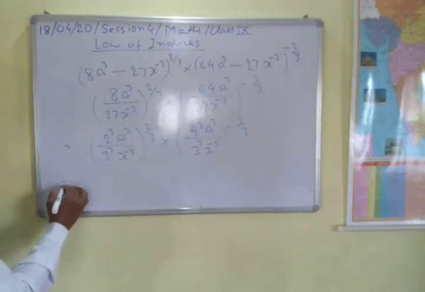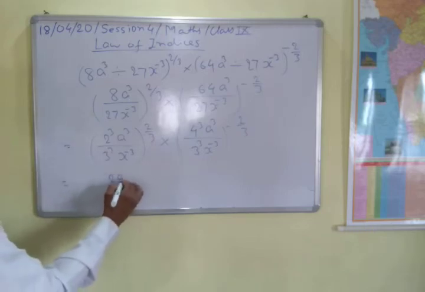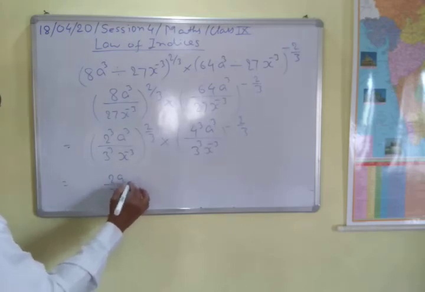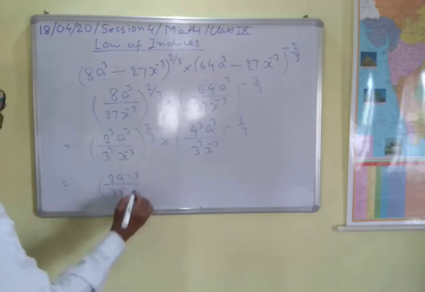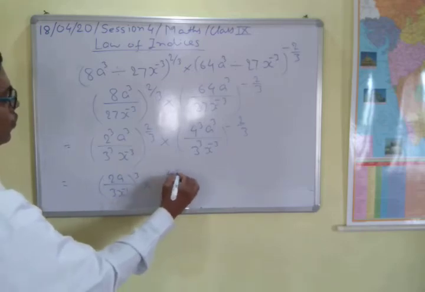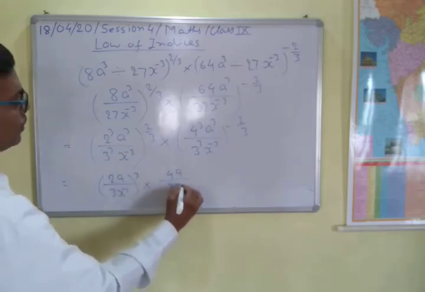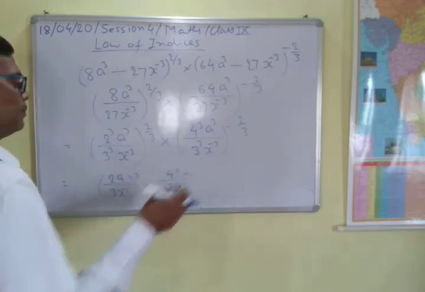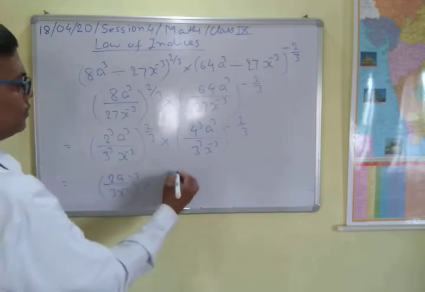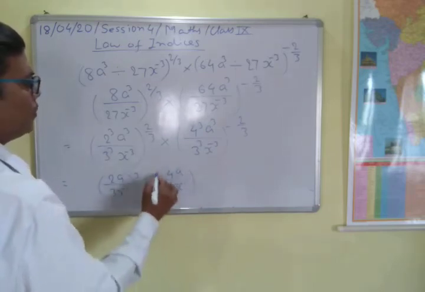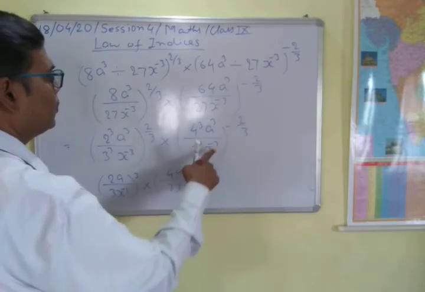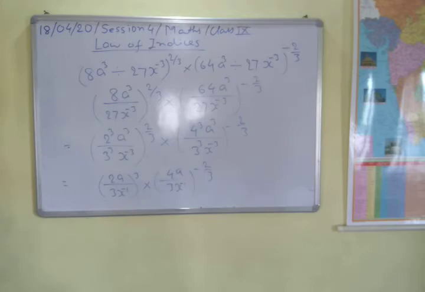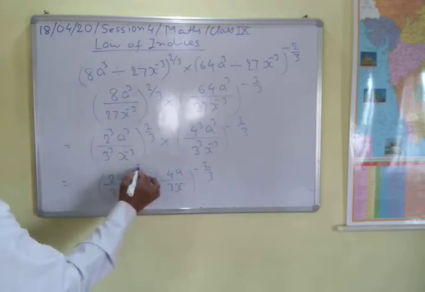Now this can be written as 2a by 3x to the power minus 1, whole cube, into 4a by 3x to the power minus 1, to the power minus 2 by 3. Because this is minus 3 here, that is why when we remove 3 then it will be minus 1. And this is 2 by 3.